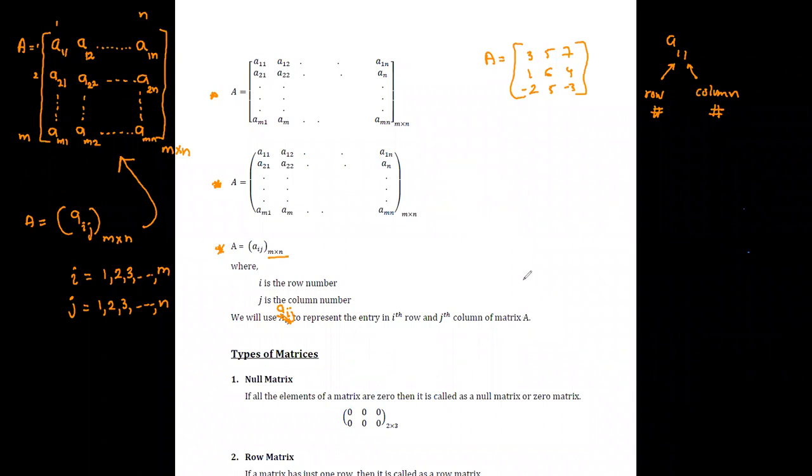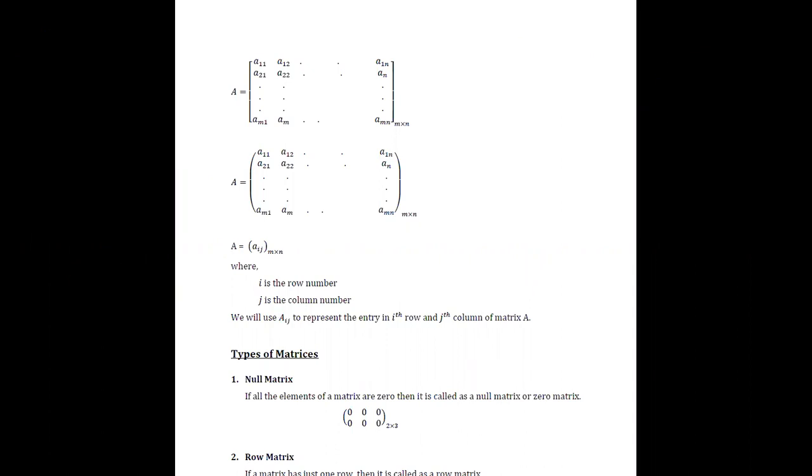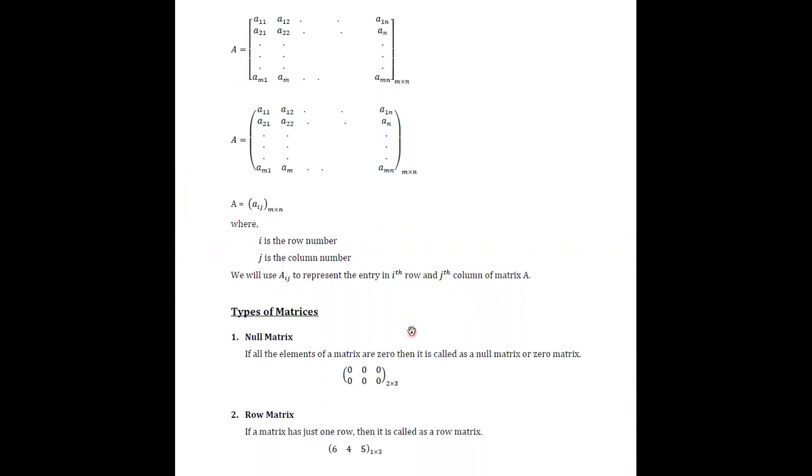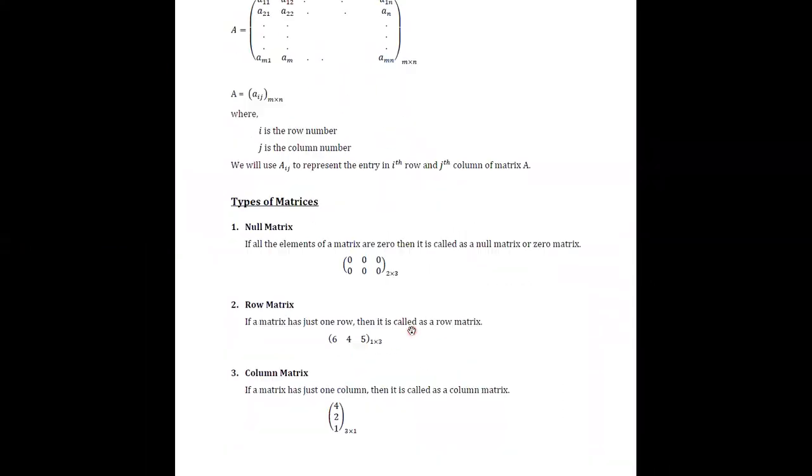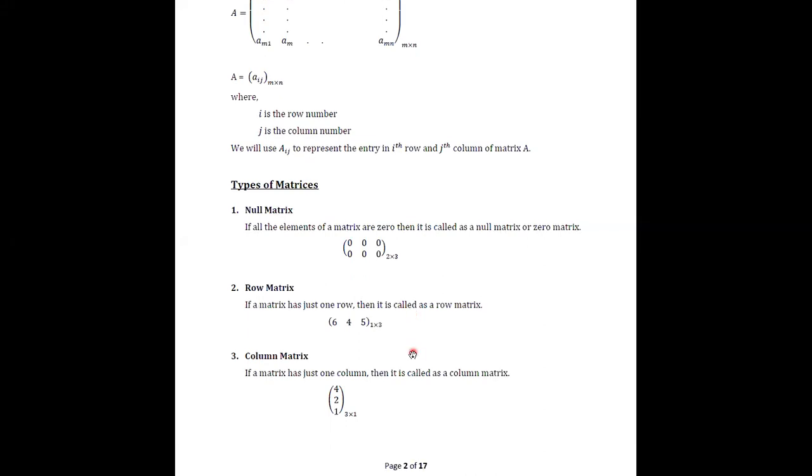Now we will move to the types of matrices. There are several types of matrices that we have to pay our attention to. The first matrix that I am going to discuss here is the null matrix. The word itself is saying null.